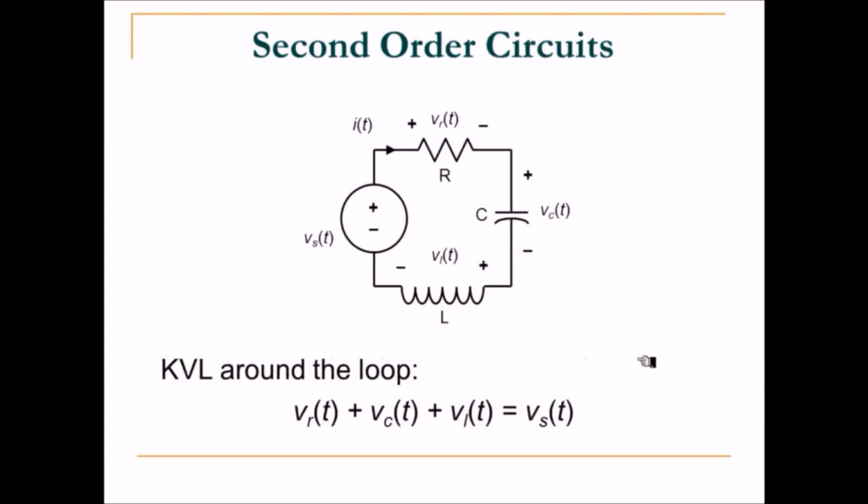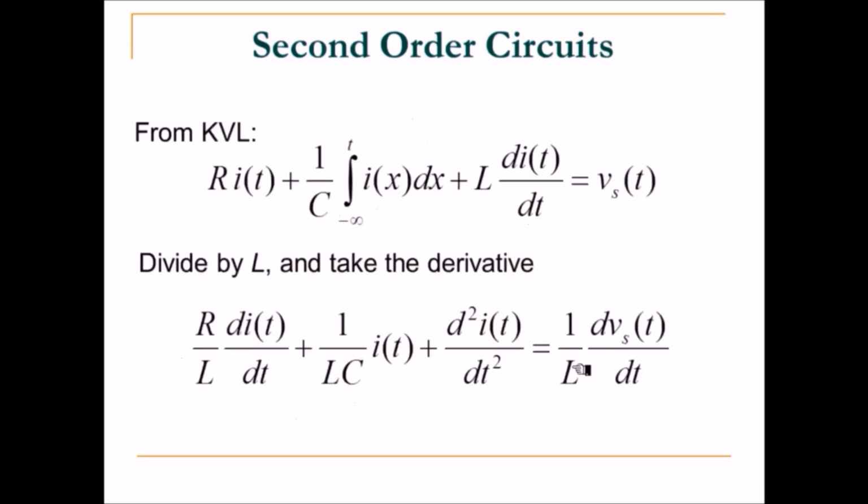If you write the KVL equation for the circuit, KVL around the loop says the voltage across the resistor plus the voltage across the capacitor plus the voltage across the inductor is equal to the applied or input voltage. We know the V and I relationship for resistor, capacitor and inductor. If you substitute the V and I equations into the KVL equation, you will get this equation.